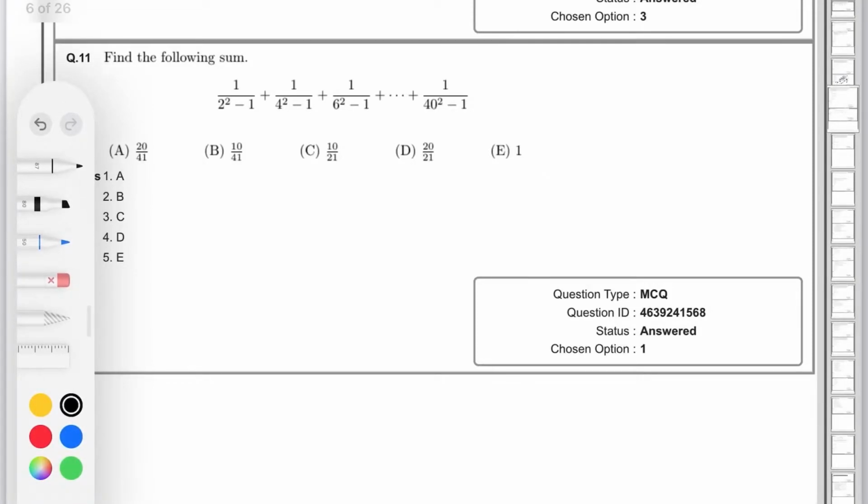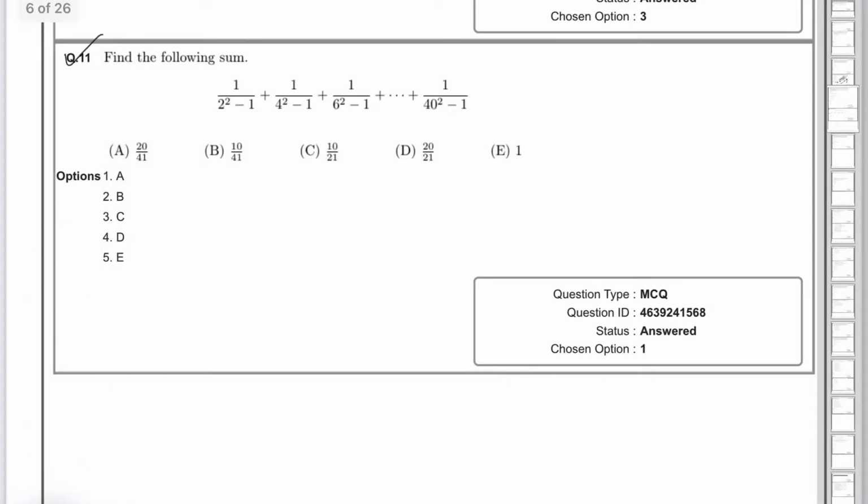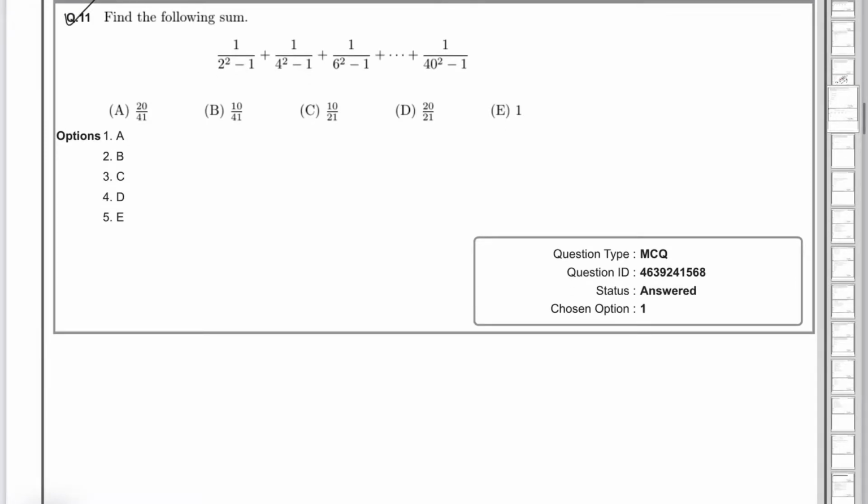Okay, so this is question number 11 in the common part of the TIFR exam this year. In this question, we are provided with a series. If you observe the series carefully, in the first term it is written as 1 upon 2 square minus 1.